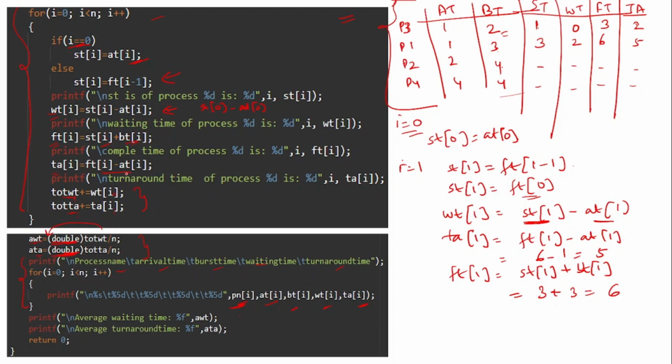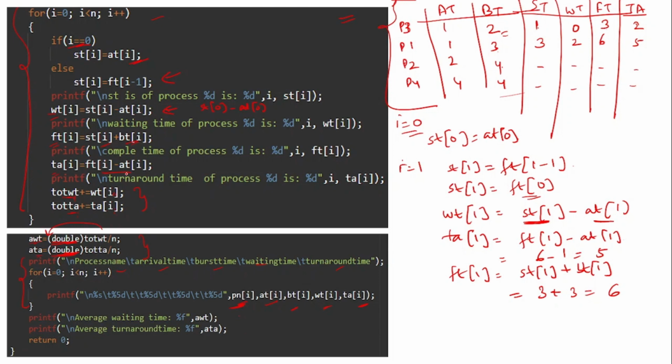So the turnaround time is the finish time minus the arrival time, that is the total time the process takes to run through the complete CPU. So these are three very important things: how much time the process takes for its complete execution.